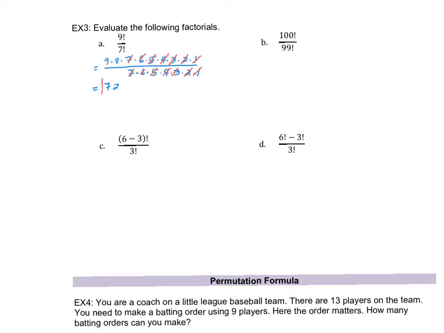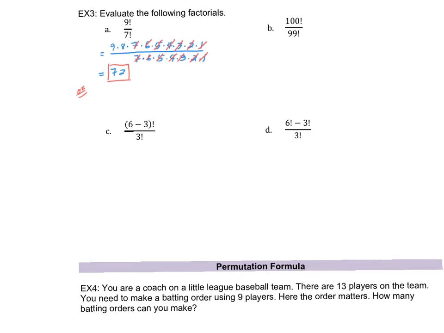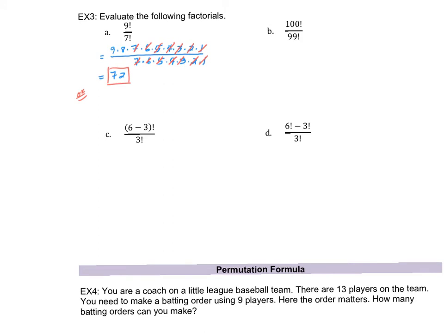Let me go ahead and write this in a different way. Notice, and again, I'm just doing this by hand. If you have a calculator, you don't have to do this. Notice that the 9 is bigger than the 7. So 9 factorial is 9 times 8 times 7, 6, 5, 4, 3, 2, 1, which is 7 factorial.